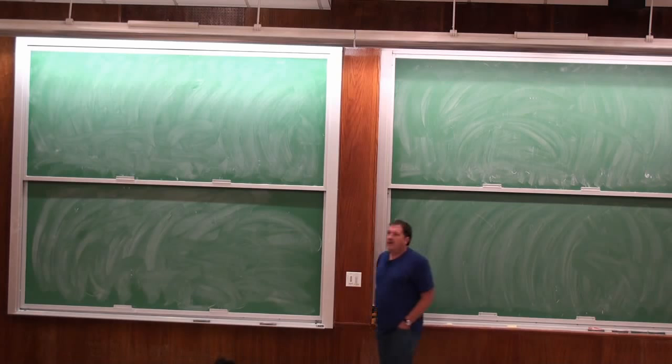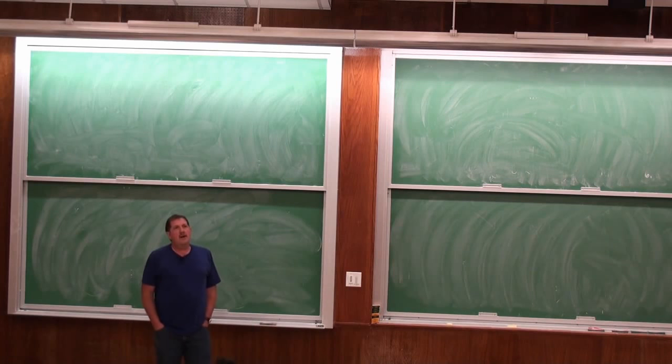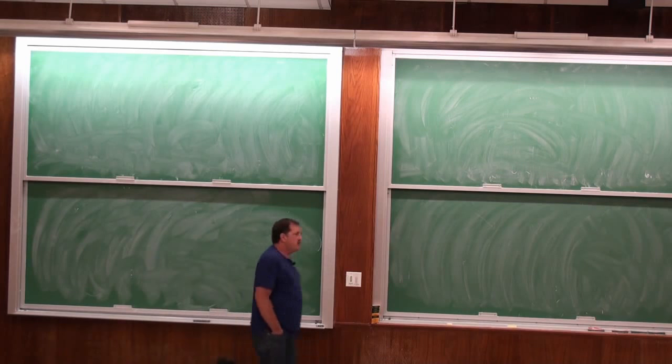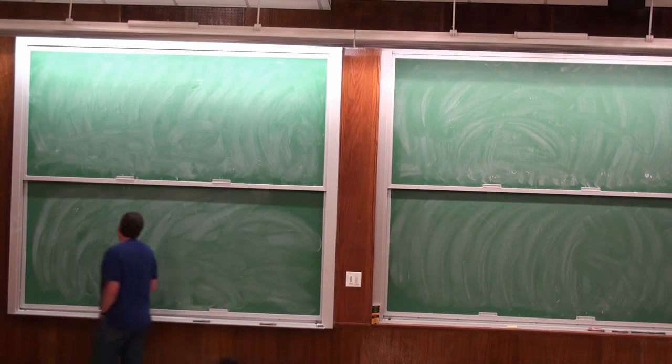Also, when you look at your WebAssign, I think problem 9 on homework 2 in particular has some issues with the grading. I don't remember the answer, so I'm going to write something wrong.